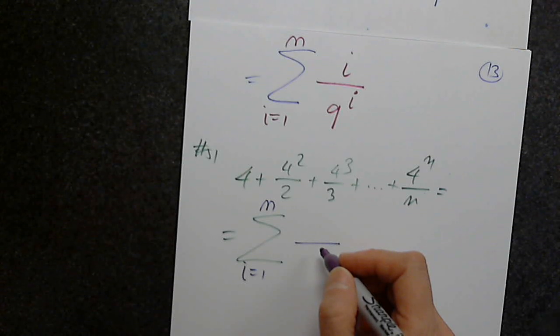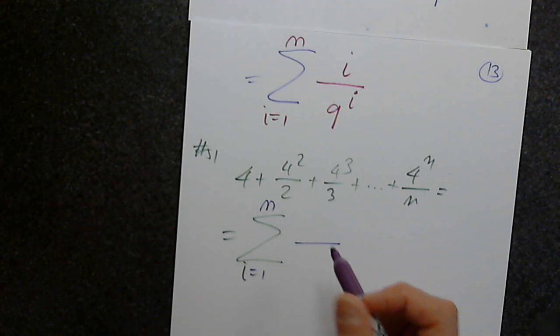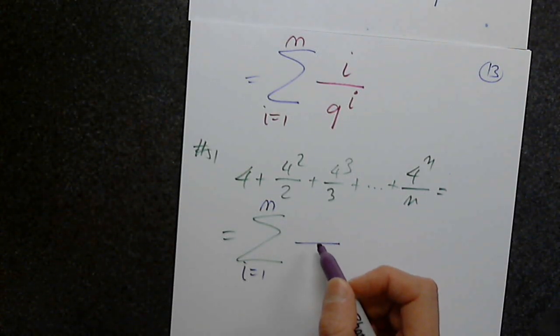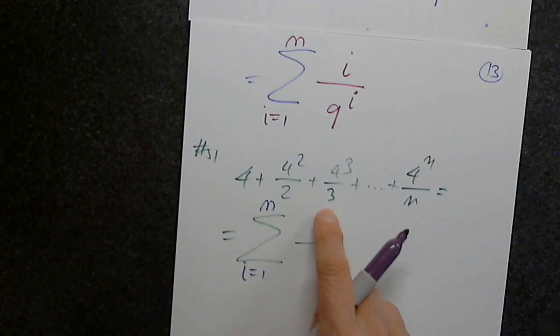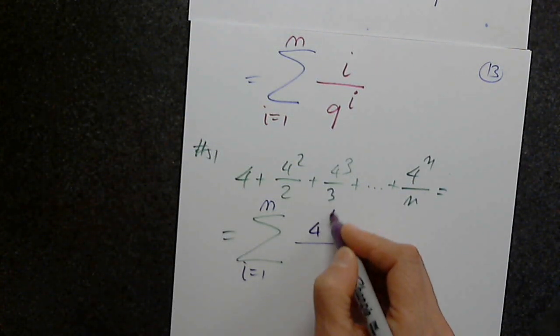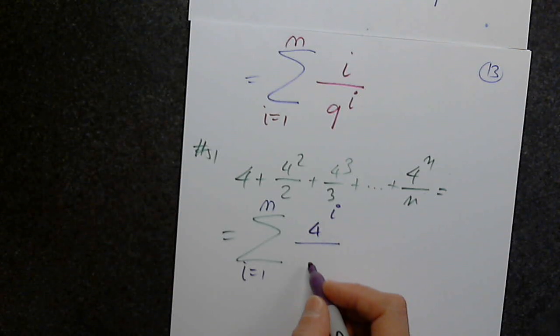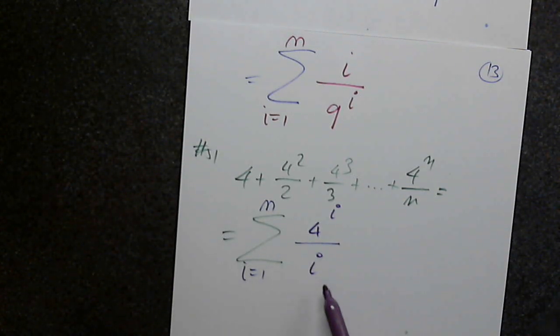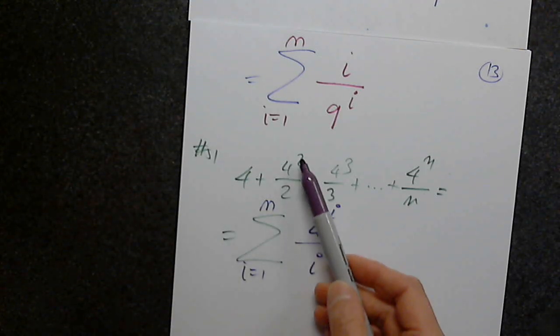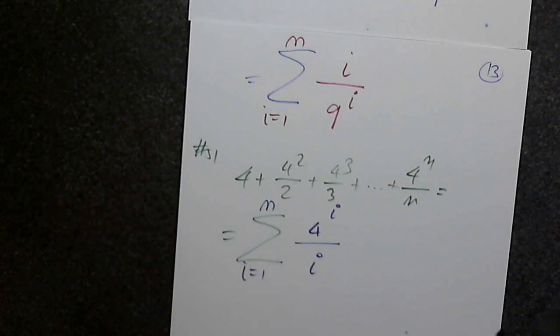From a fraction, which one? It's 4 to the power of i, very good, over i. When i is 1, I get 4 over 1. When i is 2, I get 4 squared over 2. When i is 3, I get 4 cubed over 3. Is that clear? Excellent.